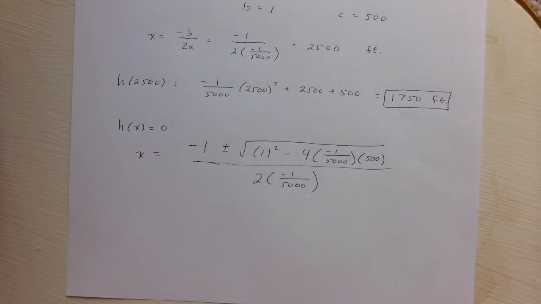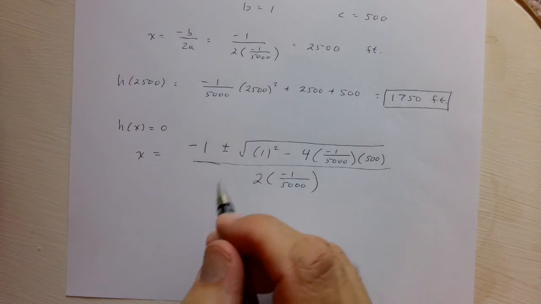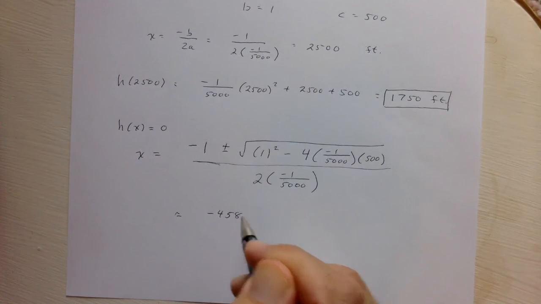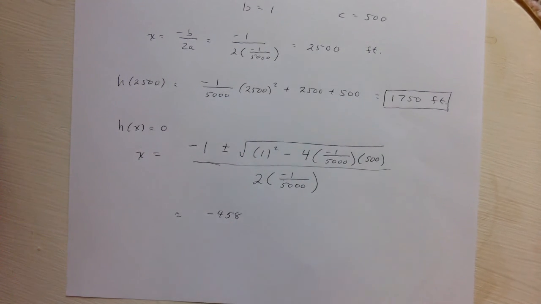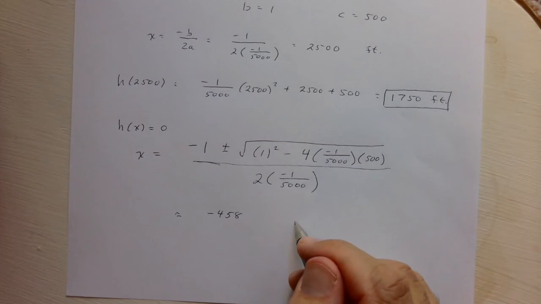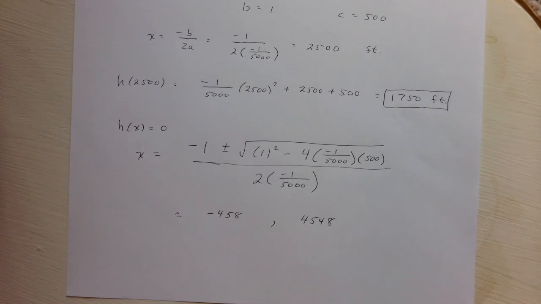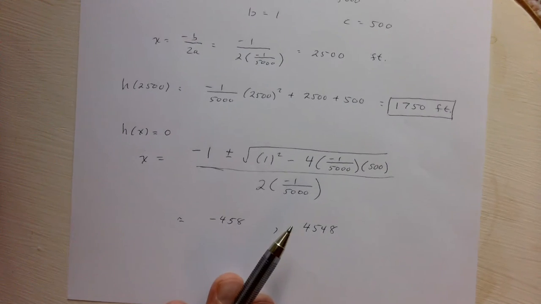And then this plus or minus gives us two numbers, right? The first number is approximately negative 458. That's with the minus. With a plus, this gives us 4,548. Now, obviously, we want x to be positive.